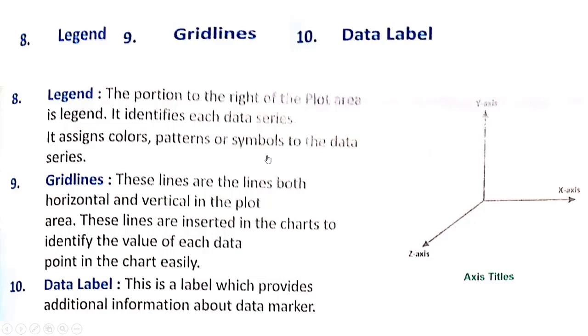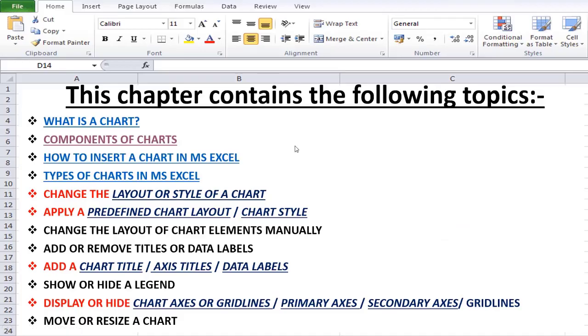These lines are inserted in the charts to identify the value of each data point in the chart easily. Data level. Data level provides additional information about the data marker. This was all about the different components of charts.